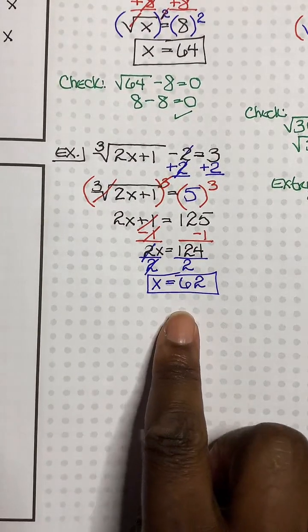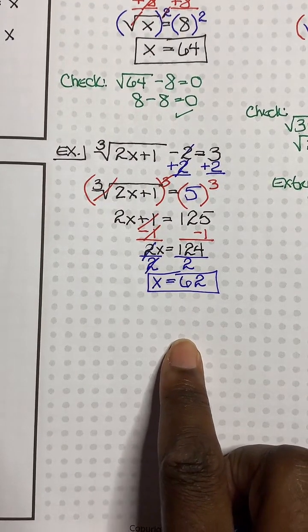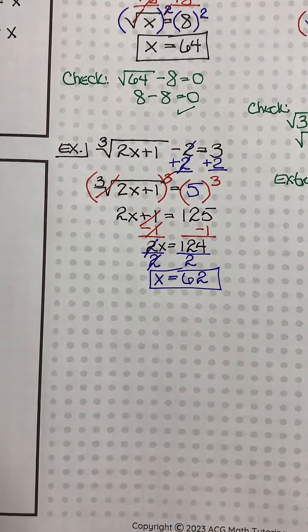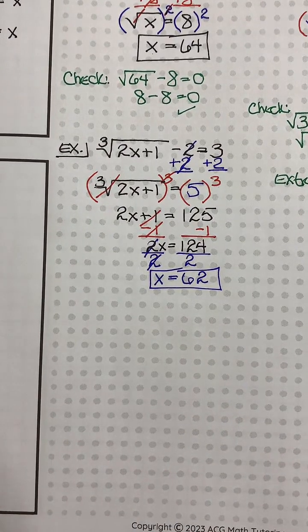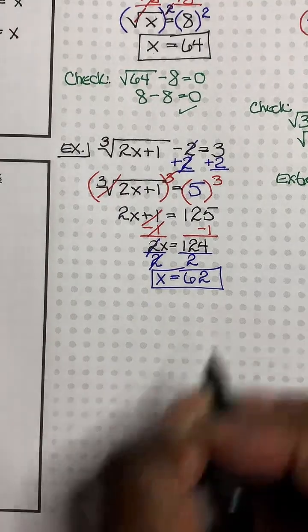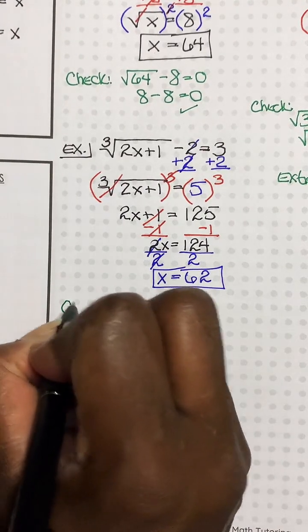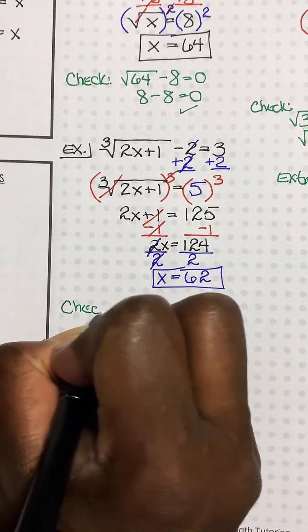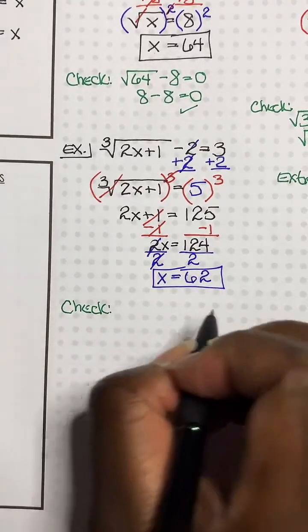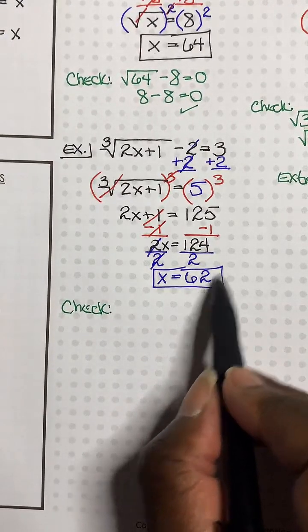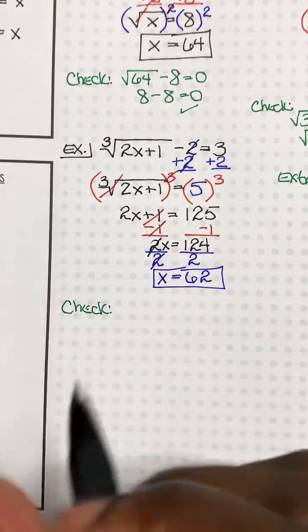Okay, so we got an answer. Now we need to do our check. We're going to plug in our 62 for the x in the original.